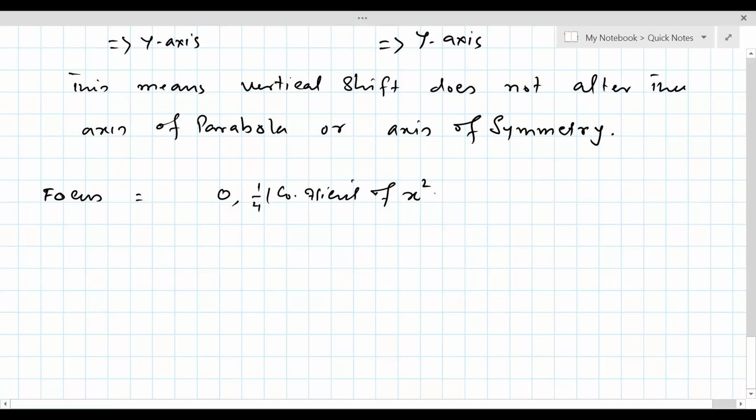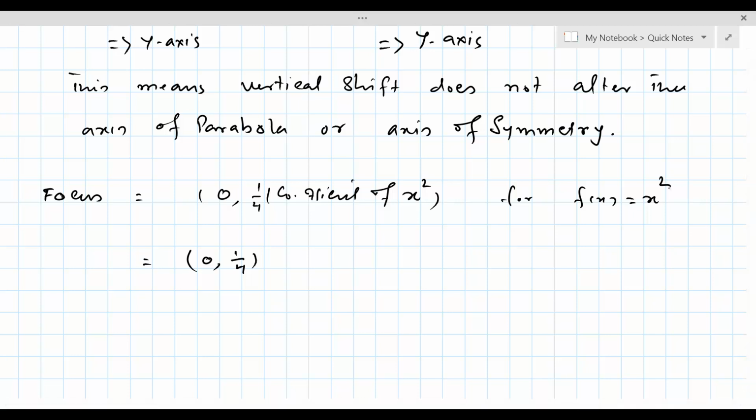So that is the formula. So here that was equal to 0, 1 by 4 in the first case, for f of x equal to x square.